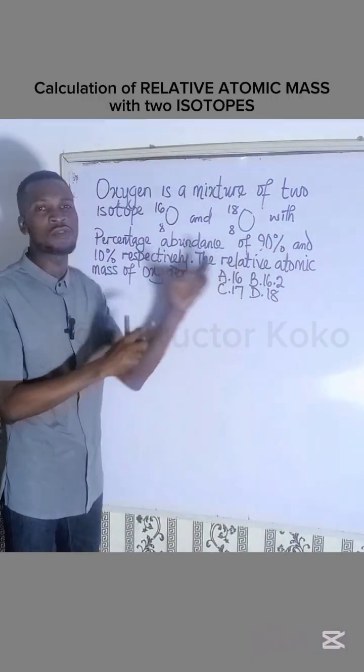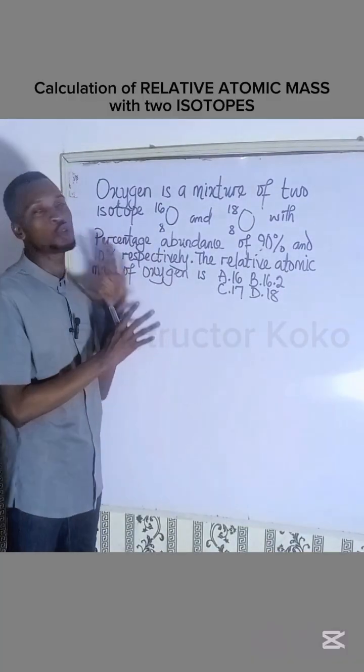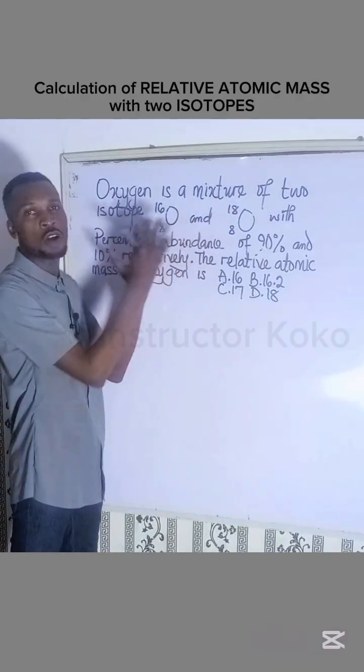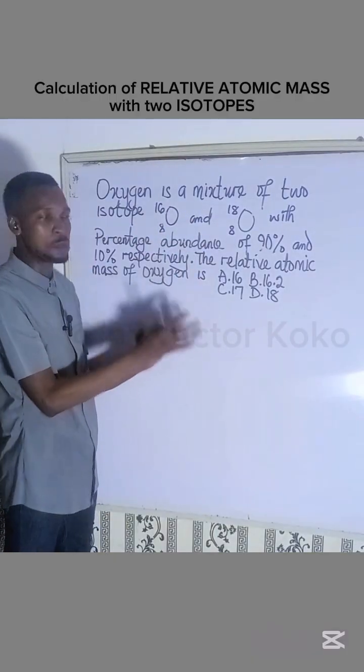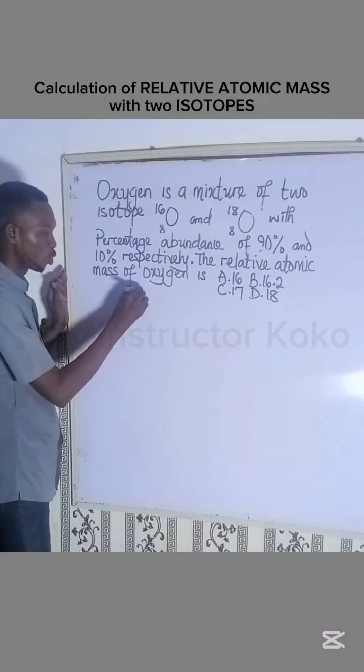Alright, but we are not asked to define relative atomic mass. However, to calculate relative atomic mass, there is a general formula that you can use for isotopes of an element. I will write the formula for you.